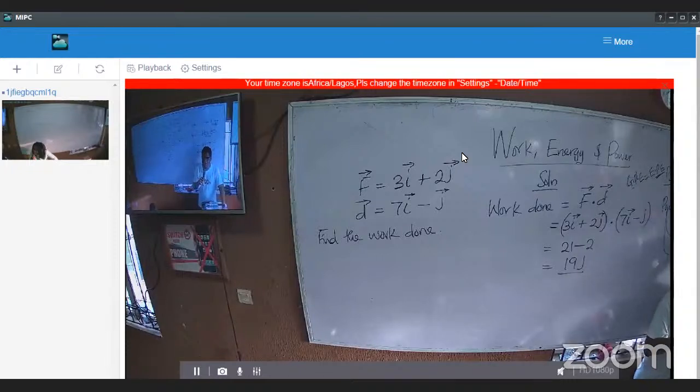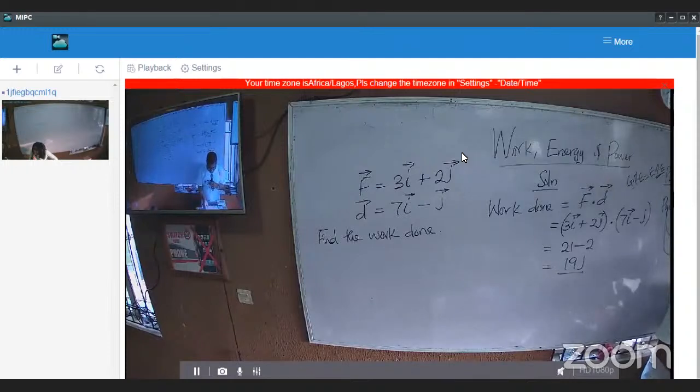We move. Next question. Number what? Number 5. An engine of a car of power 2 kilowatts moves on a rough road with a velocity of 25 meters per second.